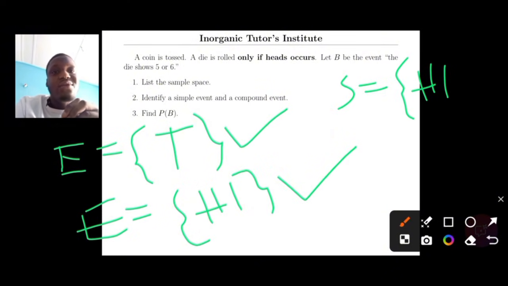If you say the event of tossing an H, that is incorrect, because from the sample space we don't have H alone, or we don't have head alone. So you pick any element from the sample space, then you form just a set with only that element, then you define it correctly. Okay, so that's a simple event we've seen.